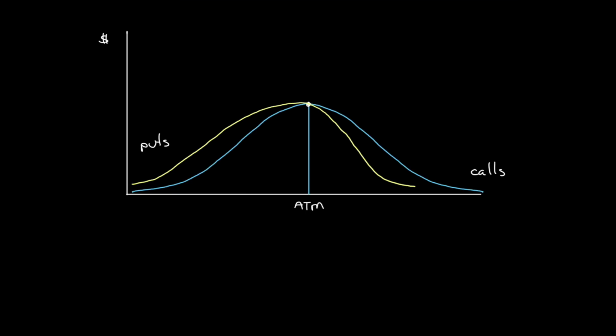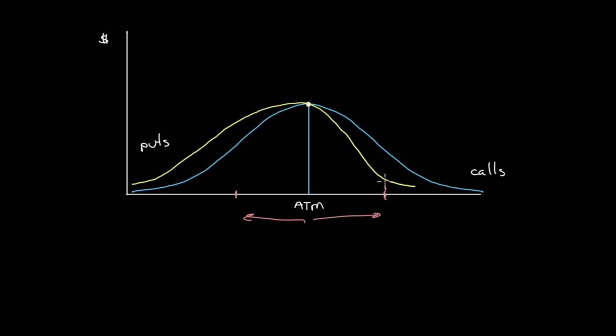So just to get your mind in the right place of the pricing that you'll see and why the pricing is the way it is, let's just move a certain amount from at the money upwards, and we'll move the same amount downwards. And keep in mind, this is just a really exaggerated chart. It's really stylized, but it'll still make the point that I want to make.